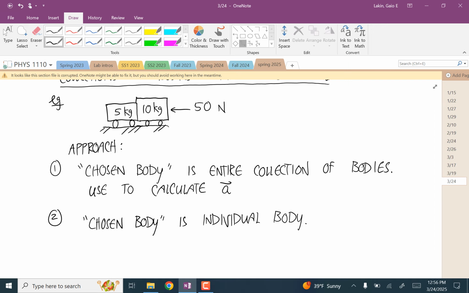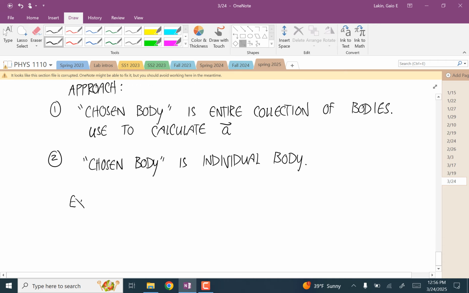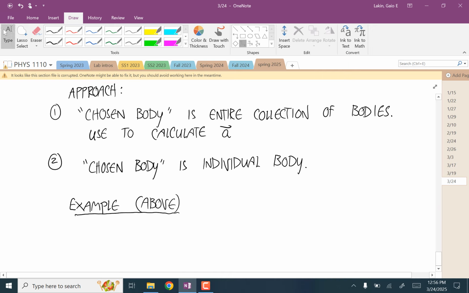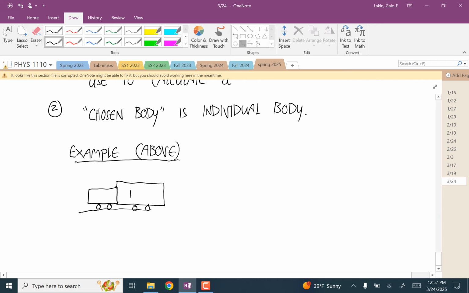Okay, so let me go through the calculation with this example I drew up here. So we have a 5 kilogram cart on the left, and a 10 on the right.